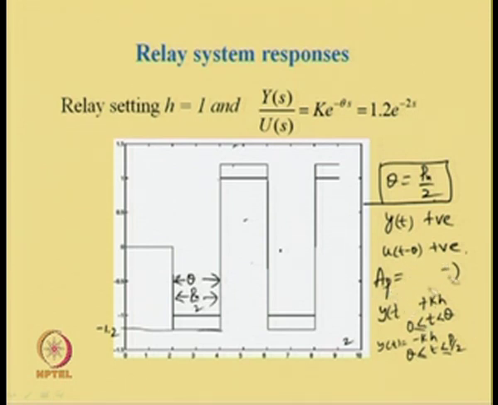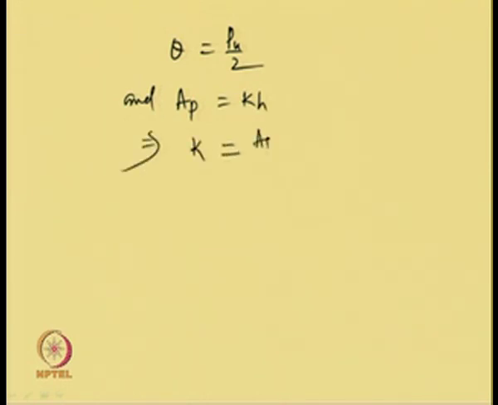Thus I can write Ap is equal to kh. From the analysis of the input and output signal, we have found that theta is equal to Pu/2 and Ap is equal to kh, thus giving an expression of the form k is equal to Ap by h.